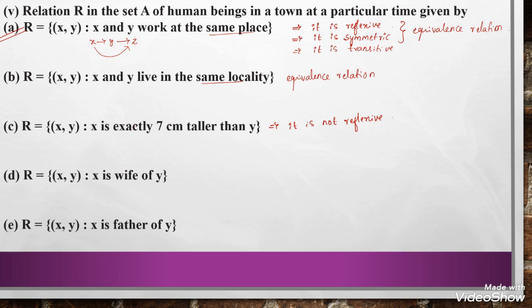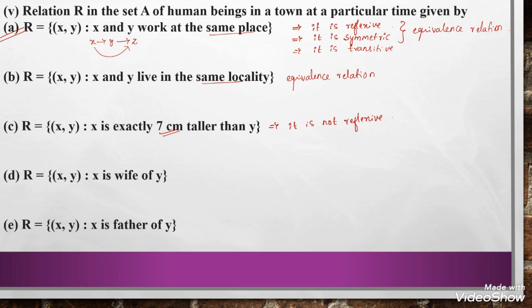When you see your image in a mirror, that time also it is not exactly 7 centimeters taller. It is not possible. No one is taller than himself.